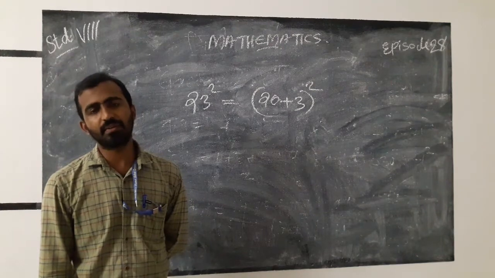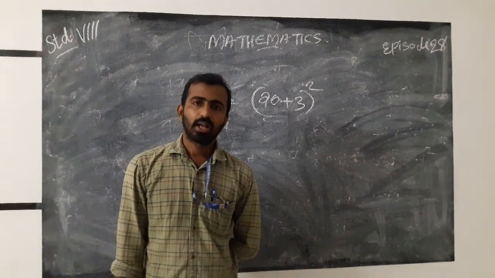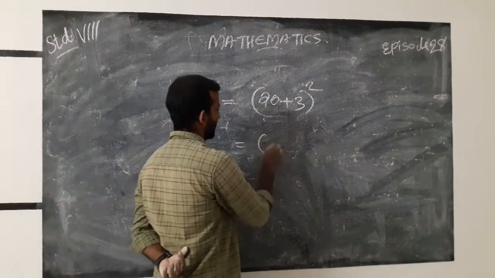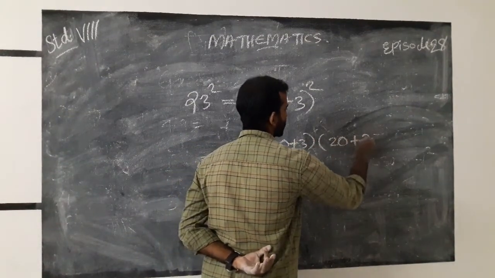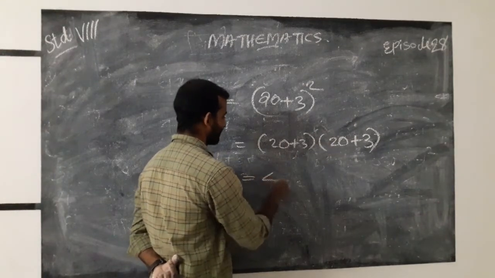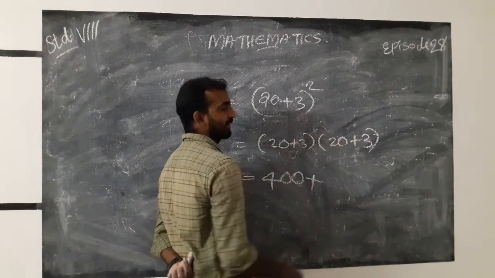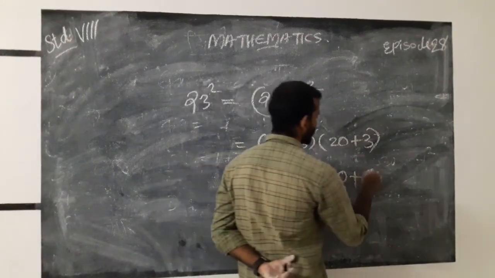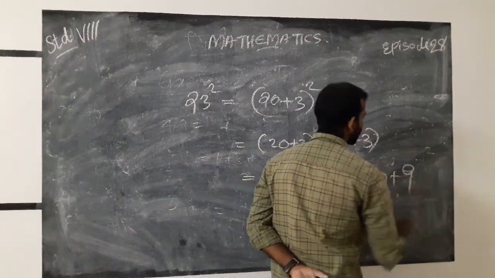Which way can we expand 23 square? That is 20 plus 3 into 20 plus 3. Is it? That is 20 into 20 we get 400 plus 20 into 3 we get 60 and 3 into 20 we get also 60 and 3 into 3 we get 9.